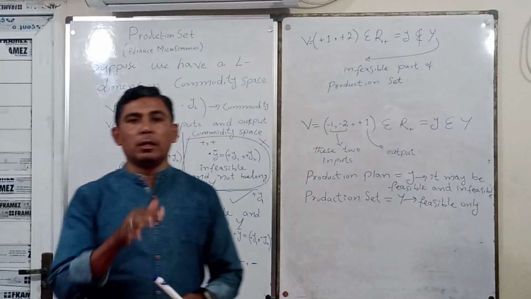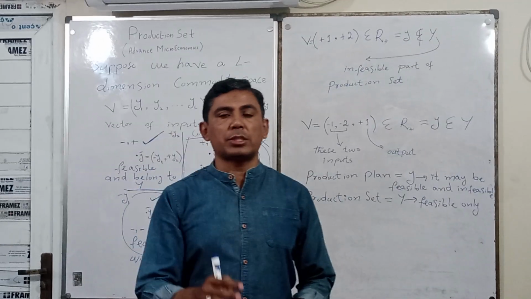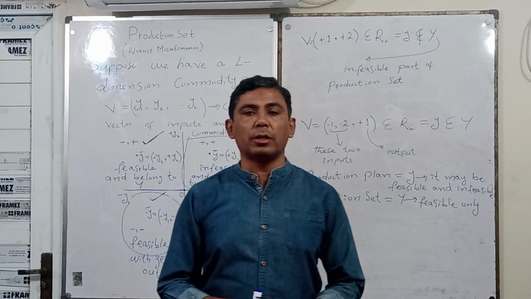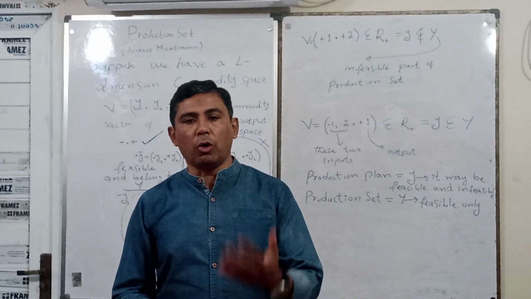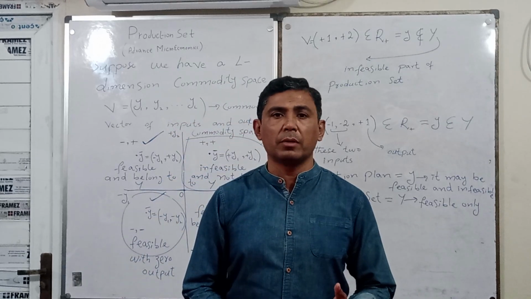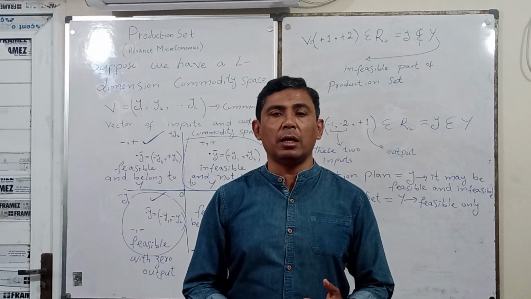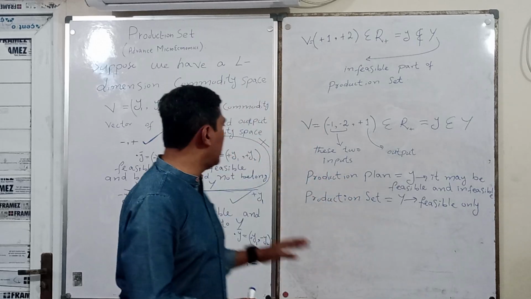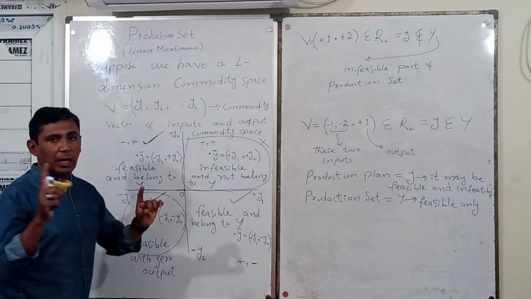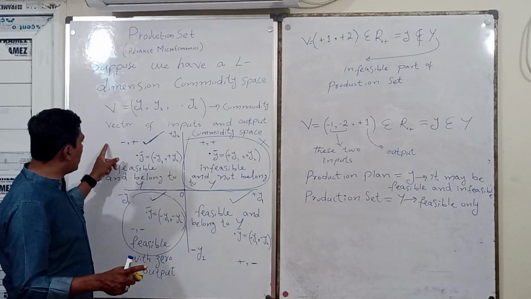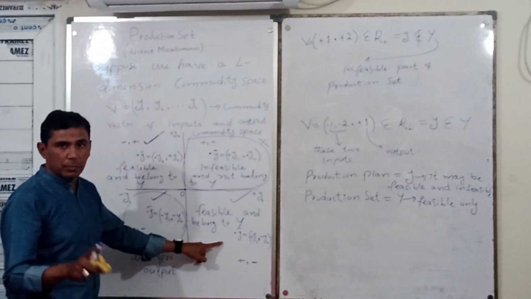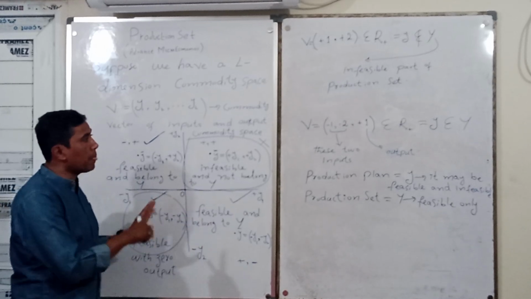Now I just close my lecture here, and we will complete it in the coming lecture. What are the properties of the production set, and how do you plot the production set in these four quadrants? Our production set will be plotted in these three quadrants, this one and this one. Now we have concluded here.